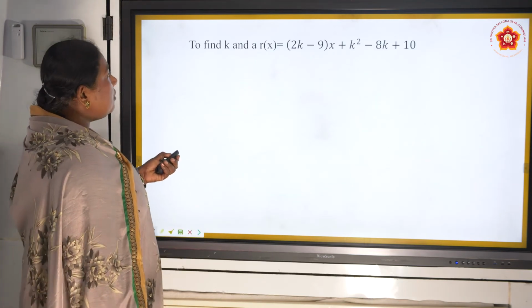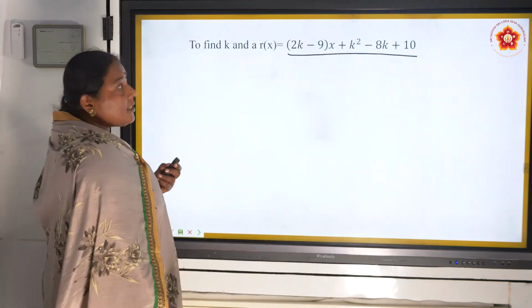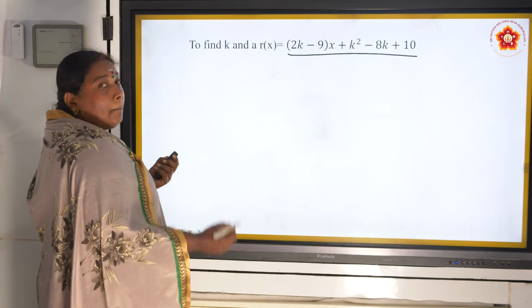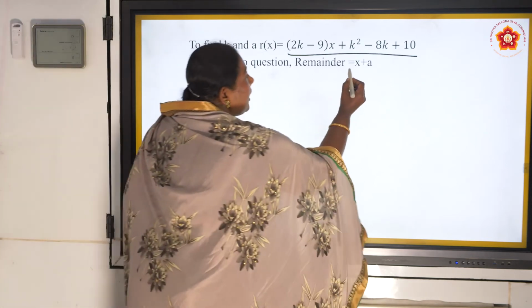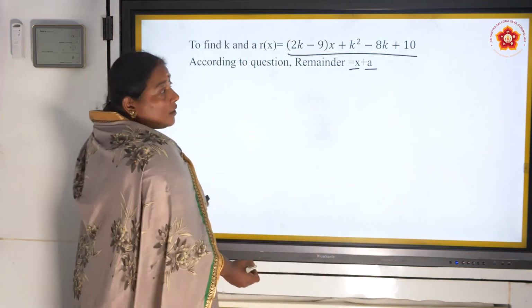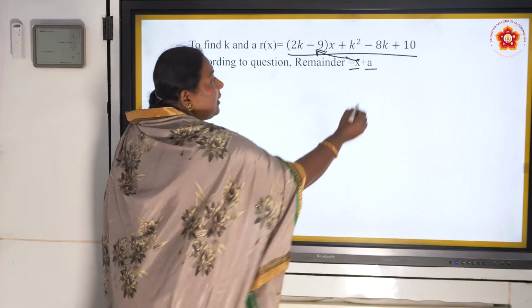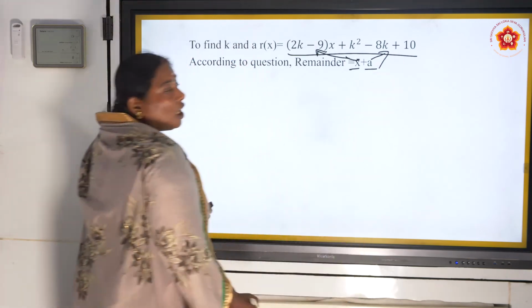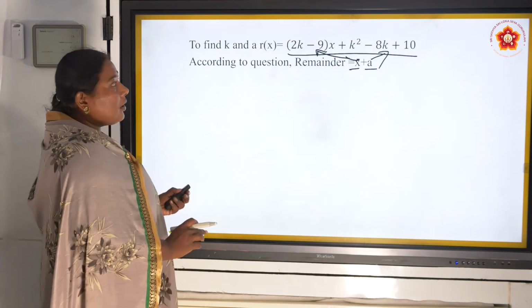This is my remainder, right? I'm going to compare my remainder with the given remainder, x plus a. So that means the coefficient of x I have to compare, and the constants I have to compare.